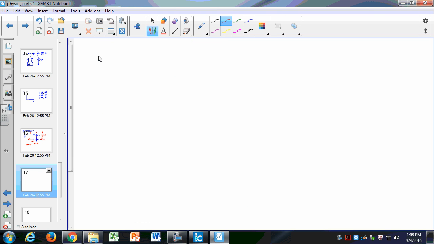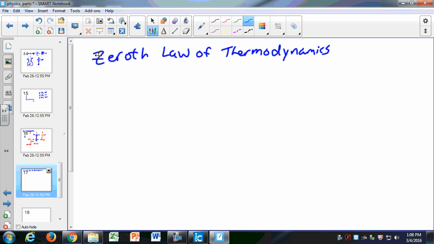Thermal expansion. Actually, let's first list the Zeroth Law of Thermodynamics. This just says that if you have one object that's in thermal equilibrium with another object, say I have an object A, and it's touching an object B, and they're in thermal equilibrium.